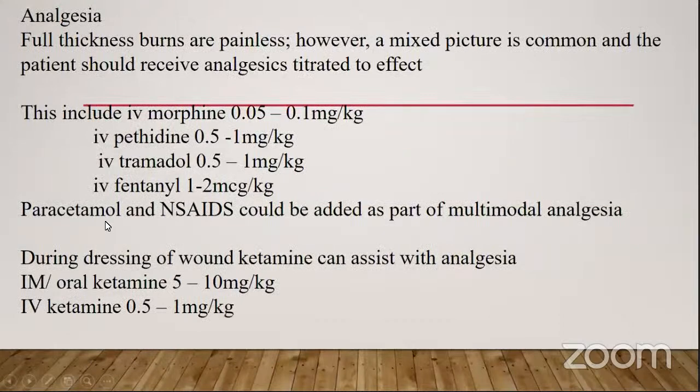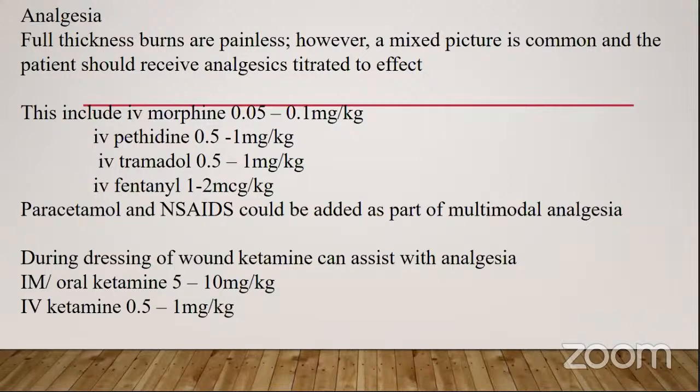The burns patient requires serious analgesia, even though we say that a full thickness burn is usually painless, it's a mixed picture. Analgesia must be given to burns patients. This analgesia should be mainly opioids.